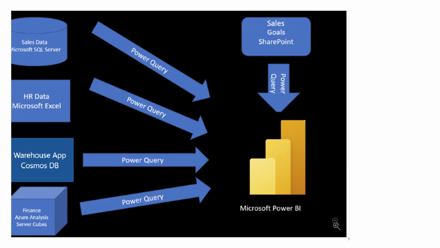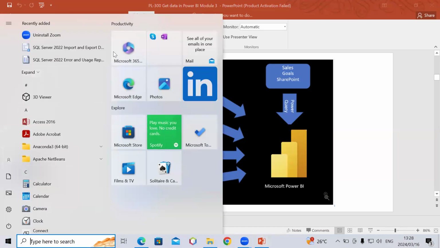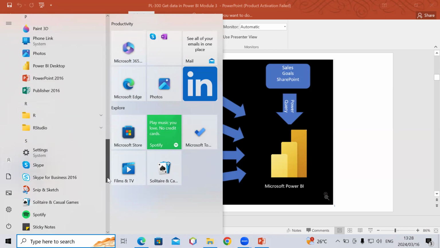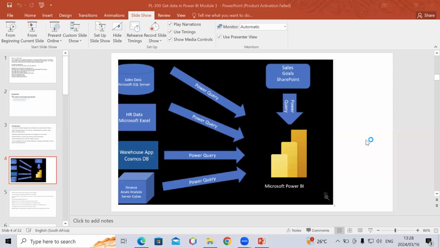So Power Query, how we get to Power Query: you go to start, then you go down. I'm using Windows 10, right? So Power BI desktop. Click on Power BI desktop. So it will start loading. And the moment it starts loading, that is when you are going to have a splash screen, right?